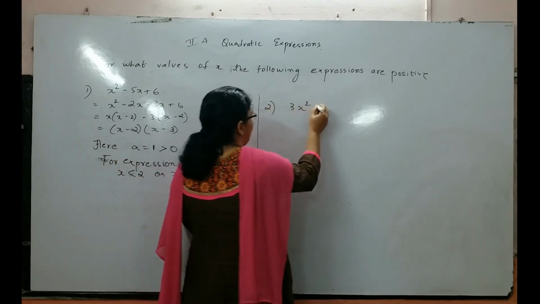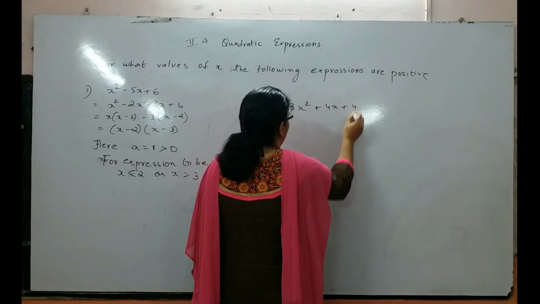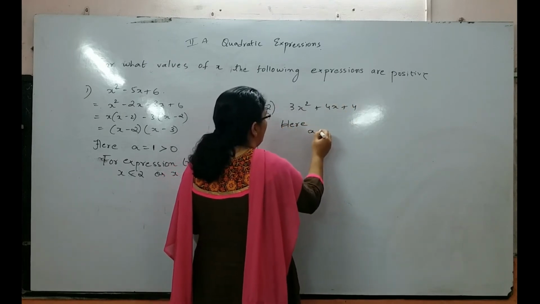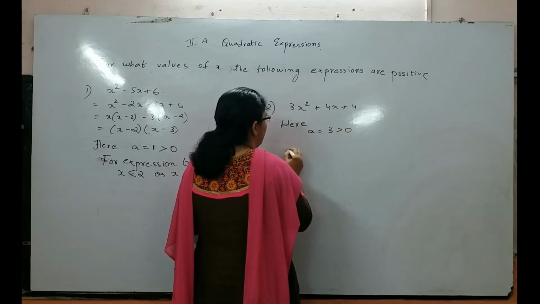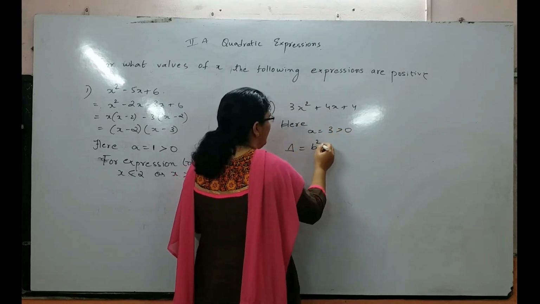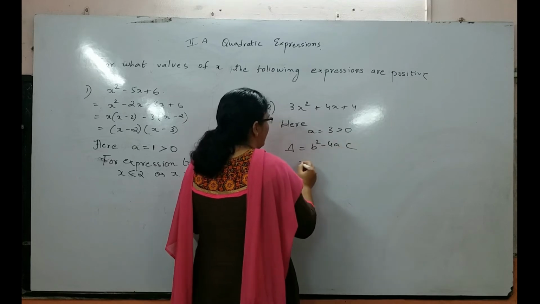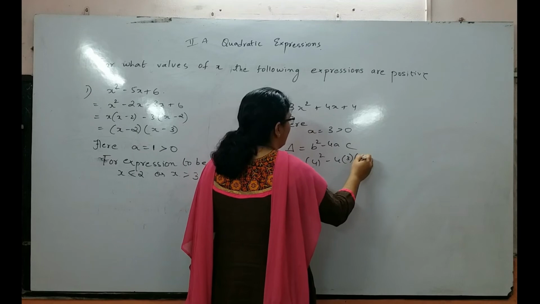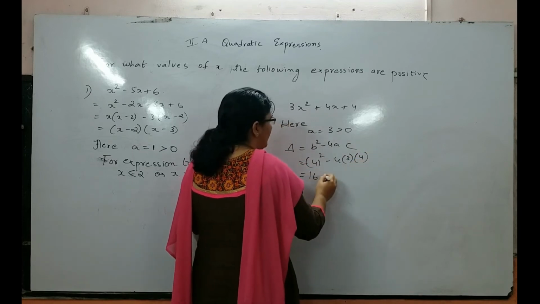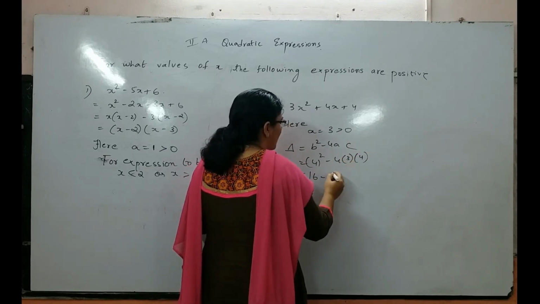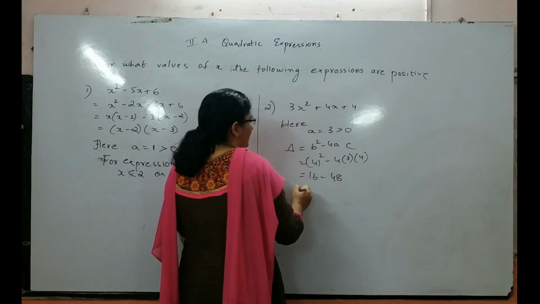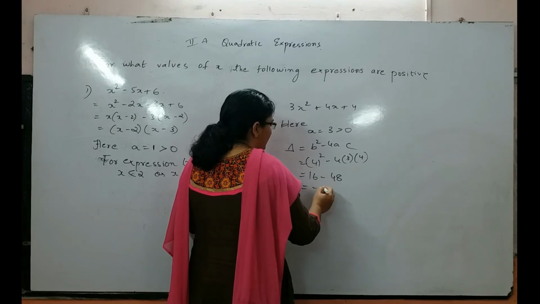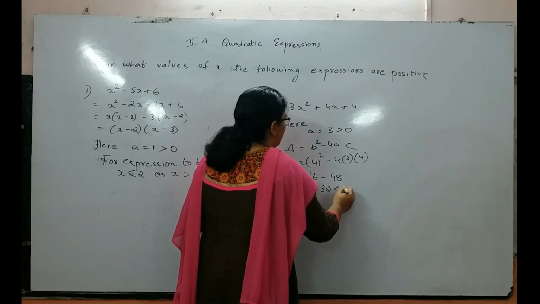3x square plus 4x plus 4. Here a is equal to 3 greater than 0. Let us find delta. Delta is equal to b square minus 4ac, that is 4 square minus 4 into 3 into 4, that is 16 minus 48, which is equal to minus 32, less than 0.